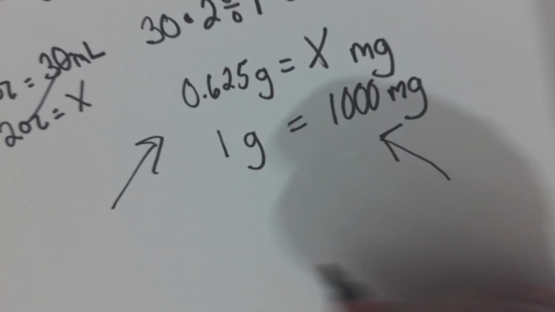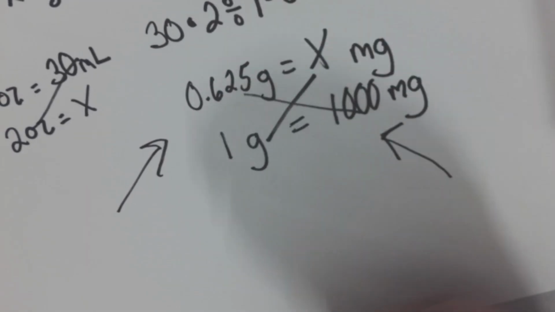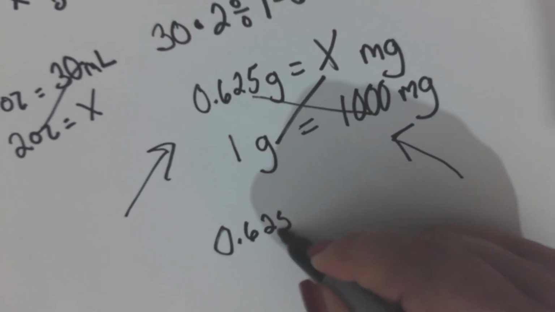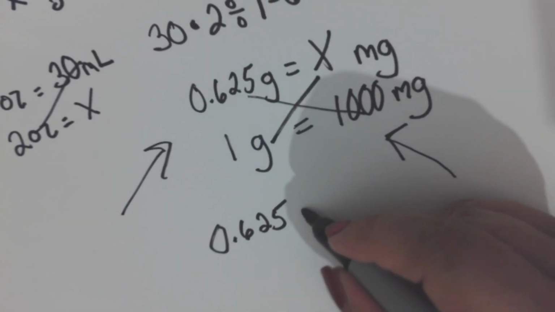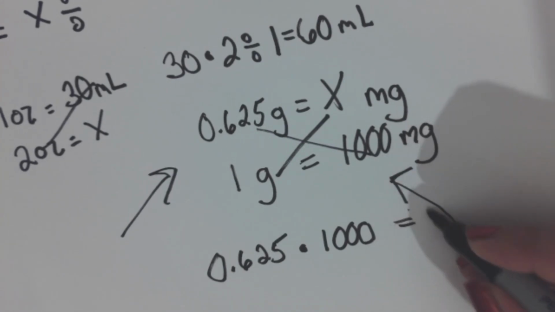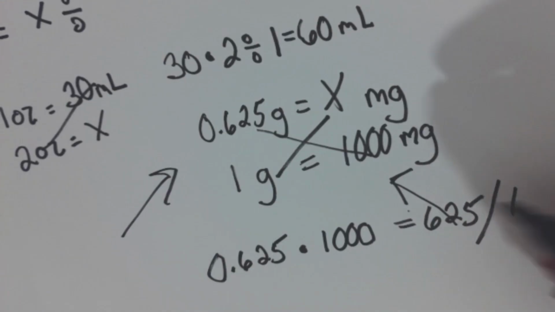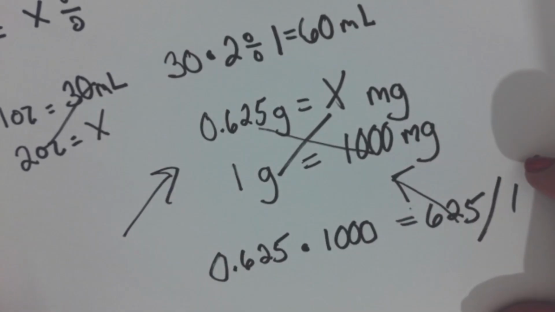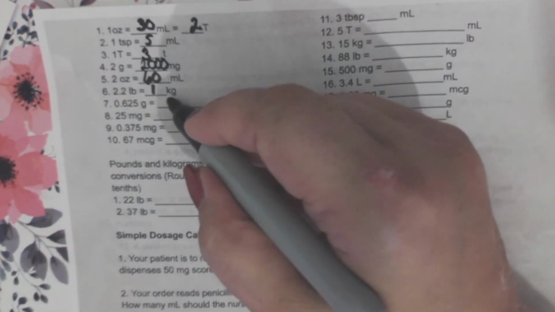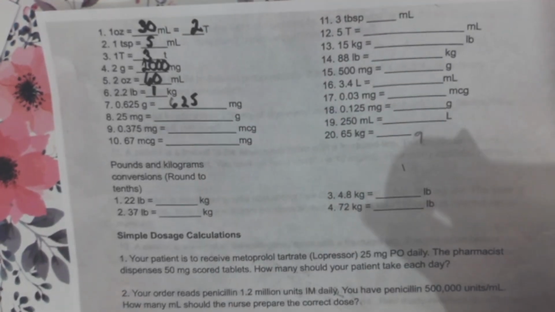So, cross multiply, divide by the X. So, 0.625 times 1,000 equals 625 divided by 1. All right, so the answer is 625 milligrams.